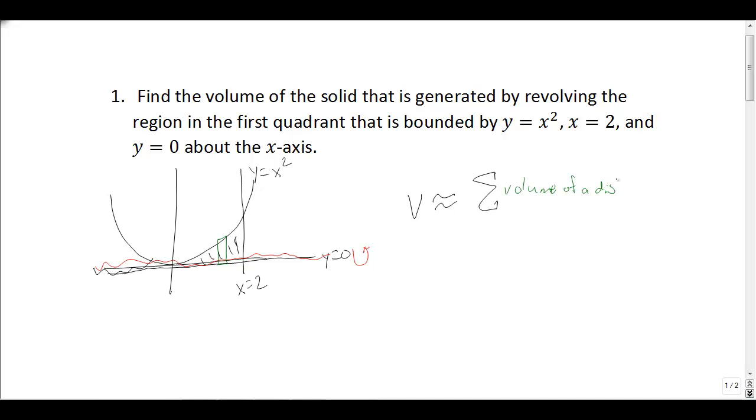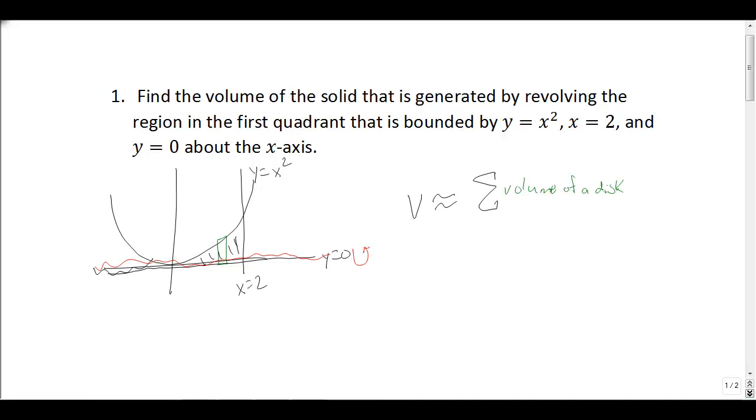The idea is you add up the volume of all the disks, which gives you an approximation to the volume of the solid of revolution. Then as you get more and more disks, you let the height of the disk go to 0. That's going to make this sum turn into an integral, and we actually get a volume equal to the integral.